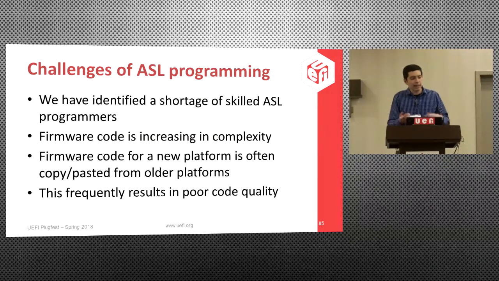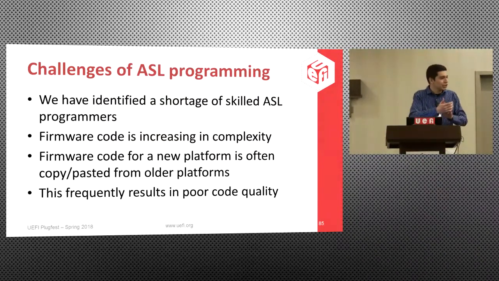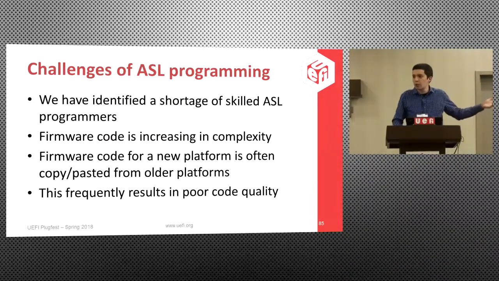And that leads to more and more complicated approaches to generating ASL, as well as writing and debugging this. And the third is that the firmware code for new platforms is often copy-pasted from older platforms. With the combination of these three, we have poor code quality. So we'll go over a few of these.